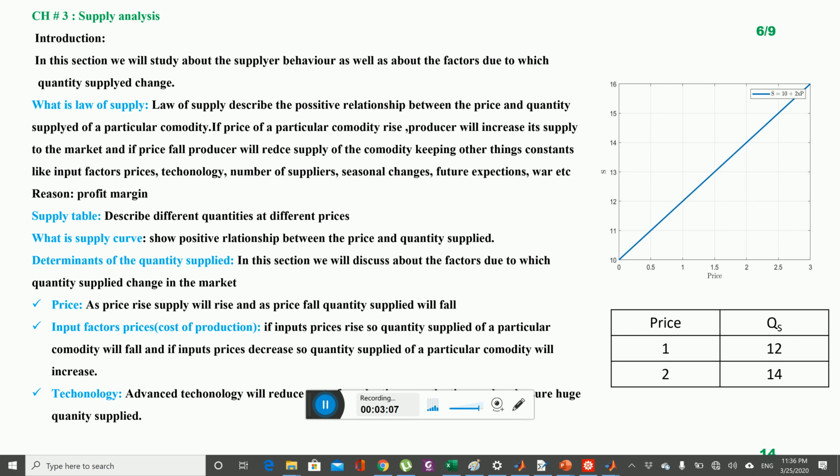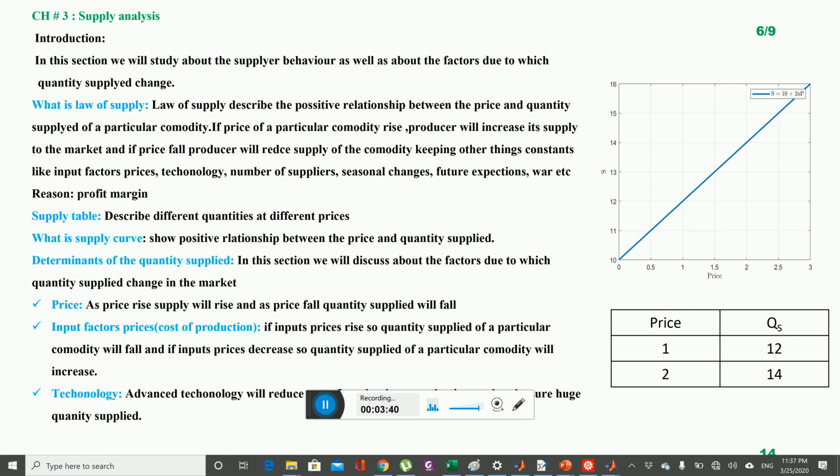For example, suppose the input factor prices double at the same time as the price of the commodity doubles in the market. The cost of production also doubles. So when the price doubles, the revenue of the company increases, but at the same time the cost of production also doubles.